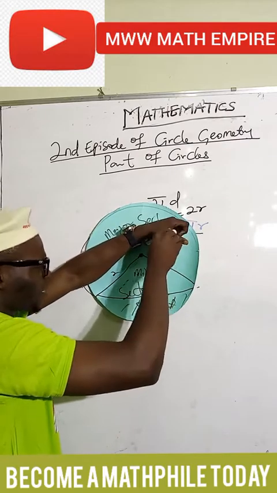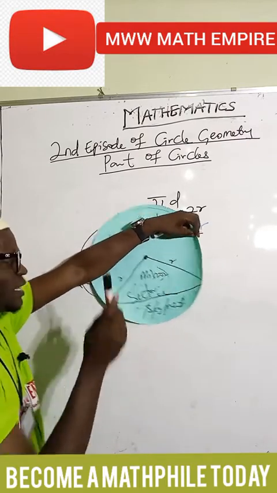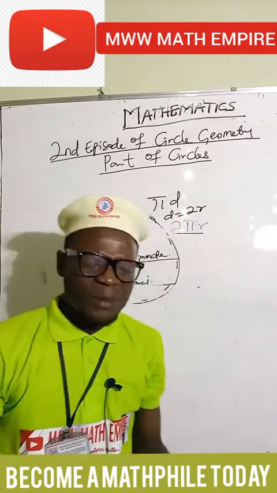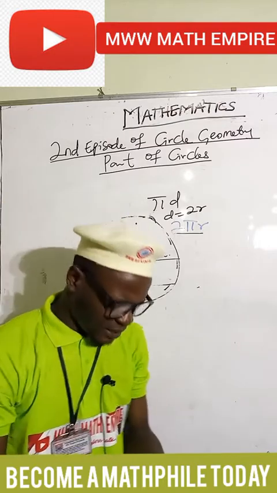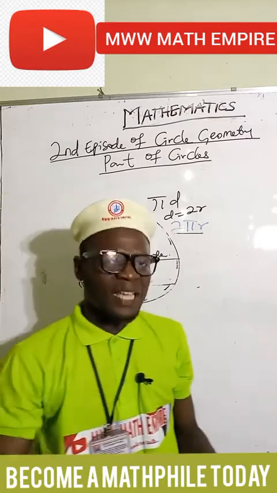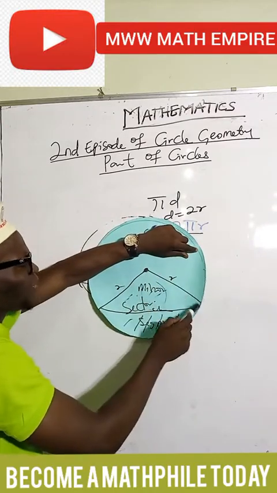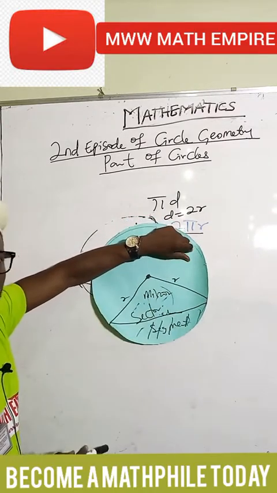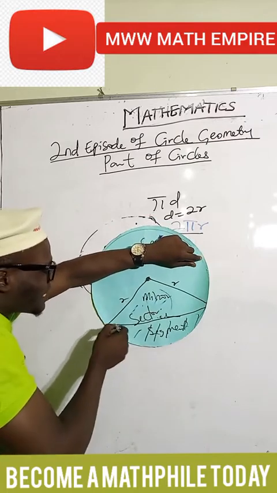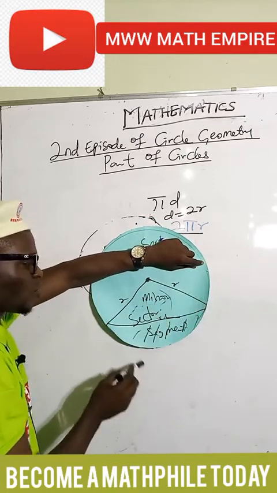And this place is known as a segment. Now, do you know the difference between a sector and a segment? A sector is defined as the area or region bounded by 2 radii and an intercepted arc of that circle.